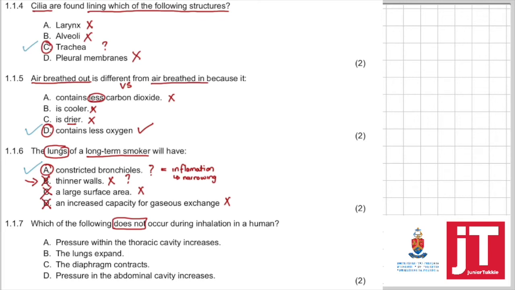1.1.7, which of the following does not occur during inhalation in a human? Does not occur. This tends to be quite a tricky question because here we're looking for the negative. All right, so let's quickly reason out our answer by looking at the options that we're given. 1.1.7 A, pressure within the thoracic cavity increases during inhalation.